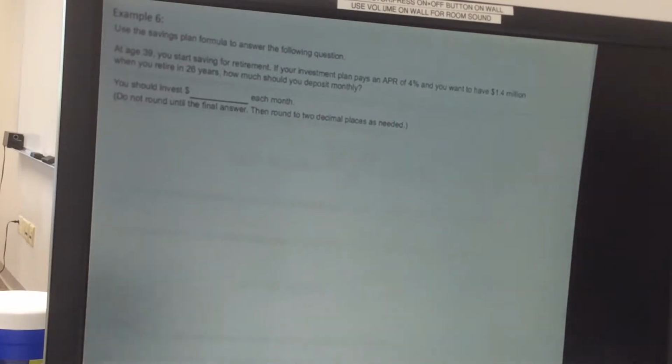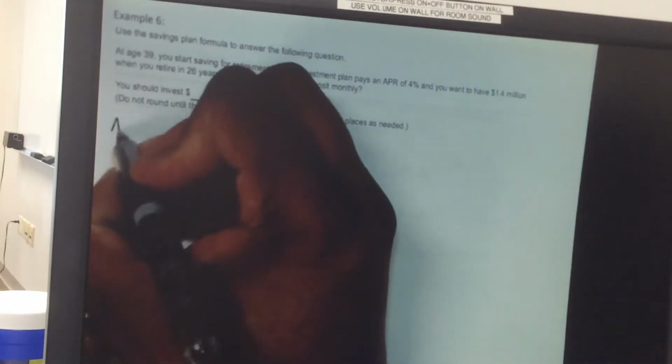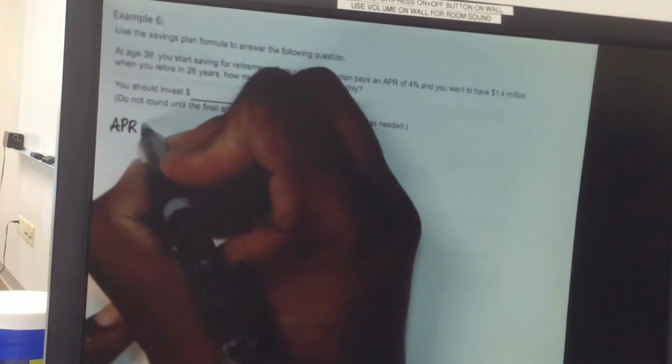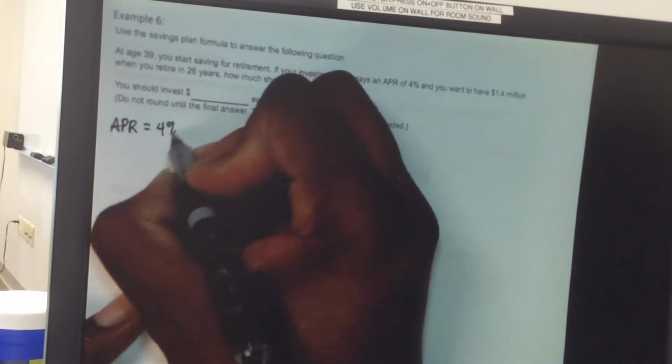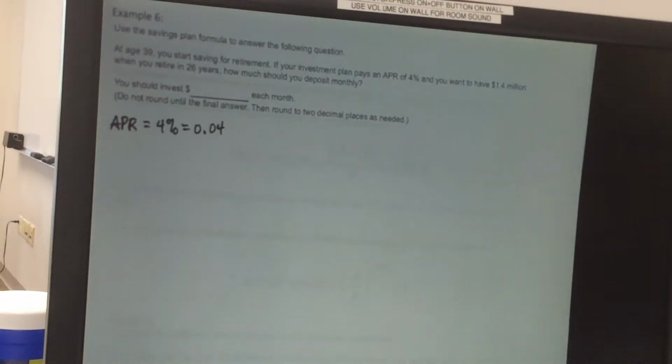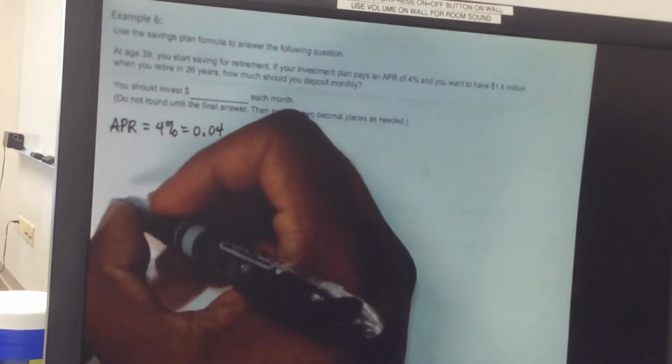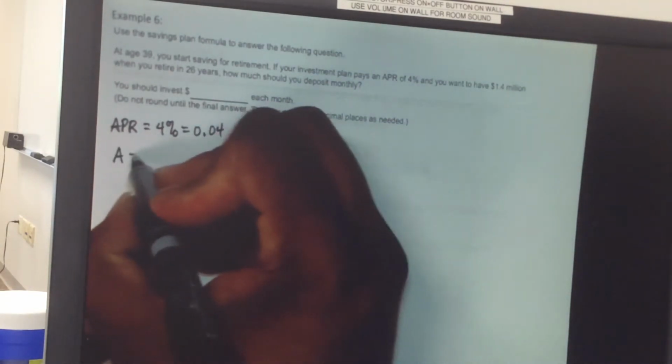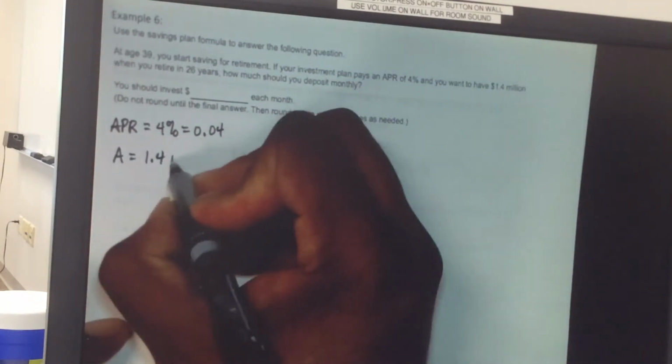Okay, so in this case here, our APR is 4%, or 0.04, like in that last example that we did. The amount we want to reach is $1.4 million.